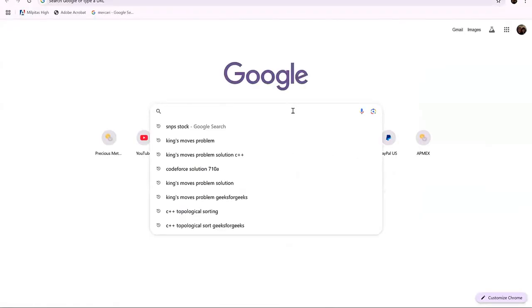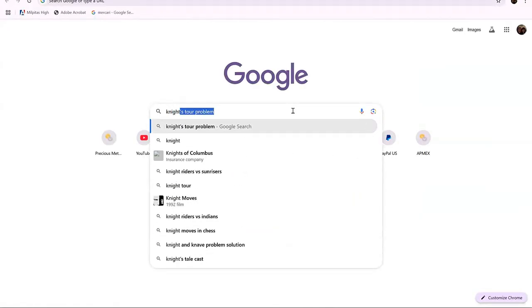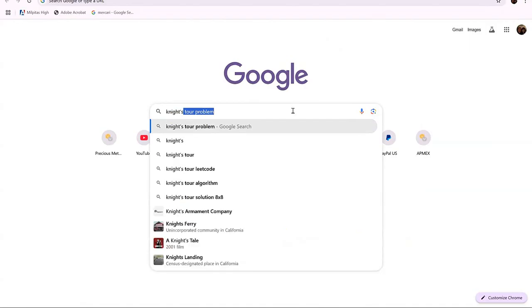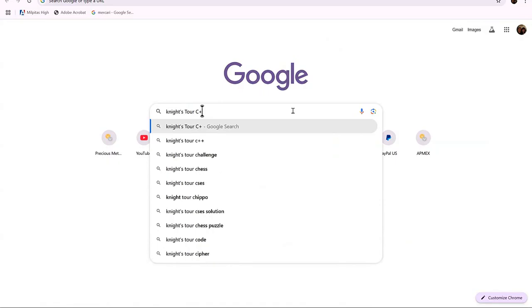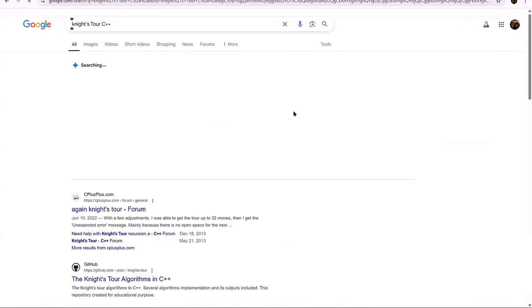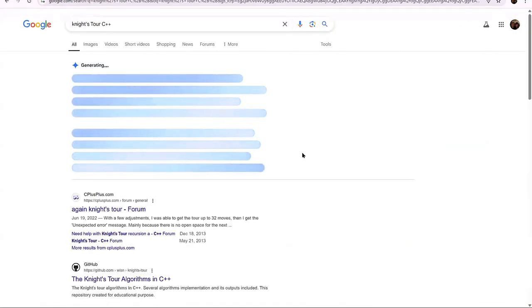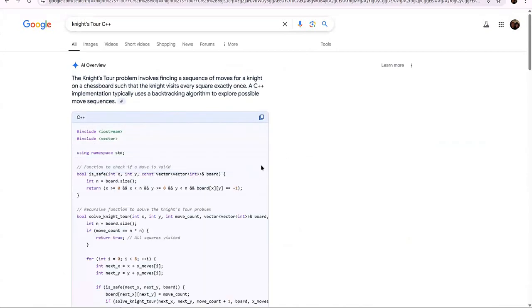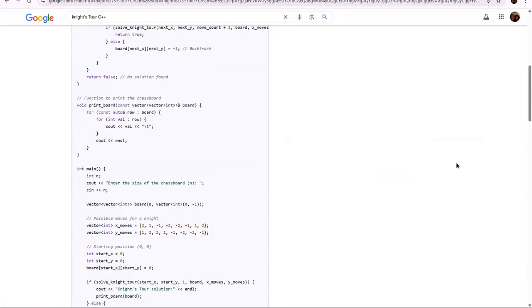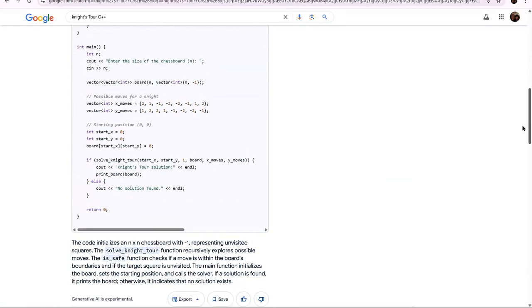I think it's a little bit too complicated. Let's check this AI version, okay? I think this AI version is easier.